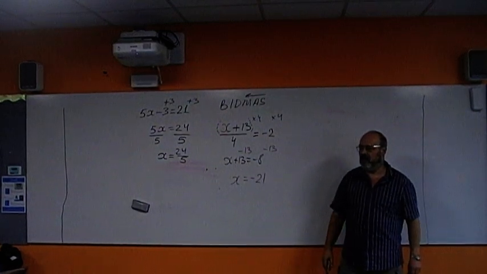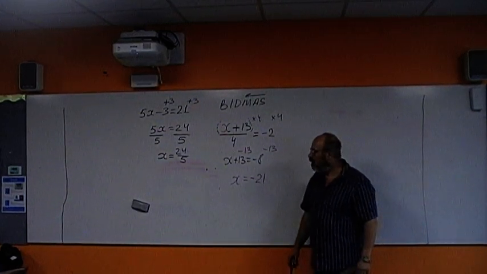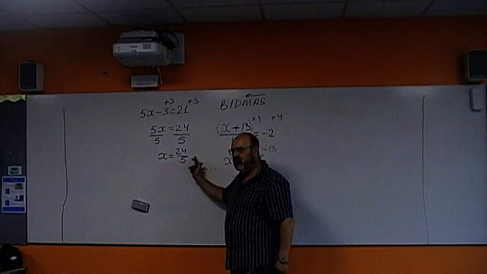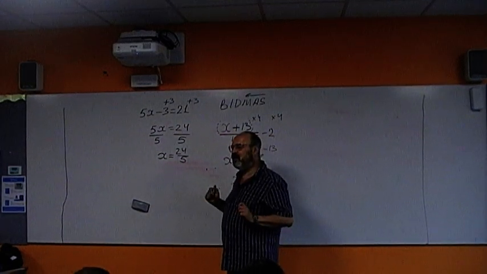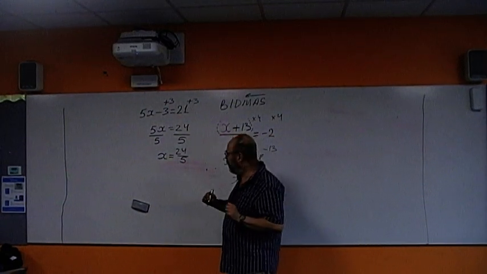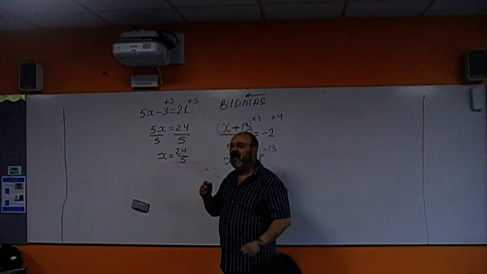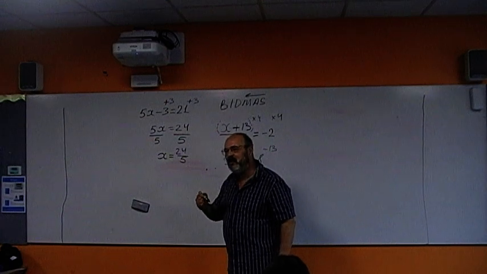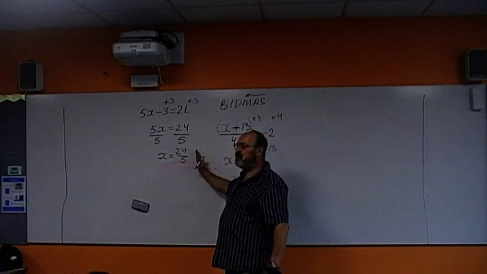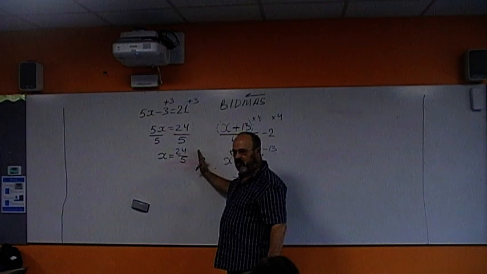Make sense? Wait, why did you keep 24 over 5? Can we simplify it? Are there any common factors between 24 and 5? No. A mixed number is not any more simple than the improper fraction.